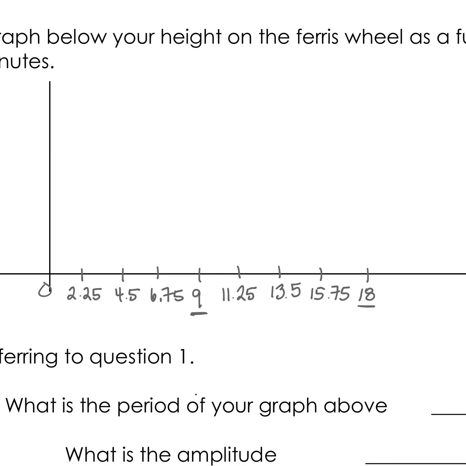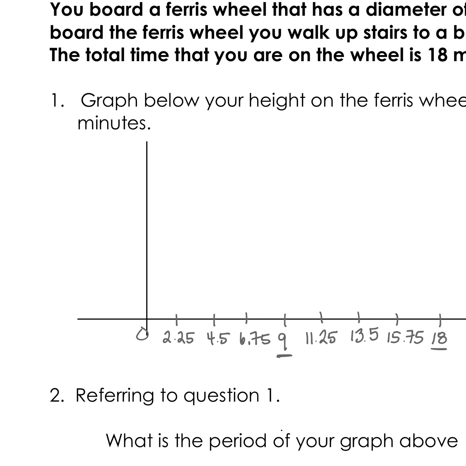Now we know that at the very top, we're going to be at 810, and we know that we have to walk up a 10-foot platform to get to the ride. So far, is everybody okay? Now what's our midline? Remember, our midline is our max plus our min, divided by 2.